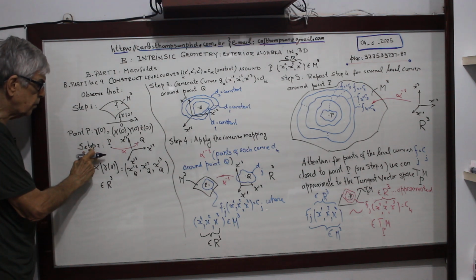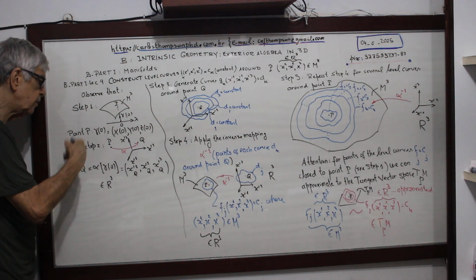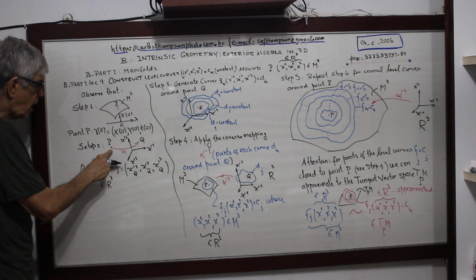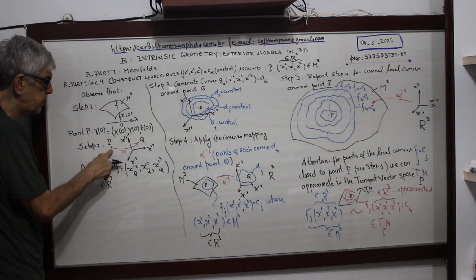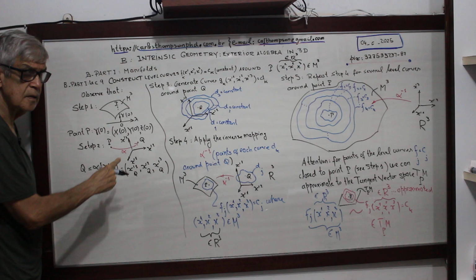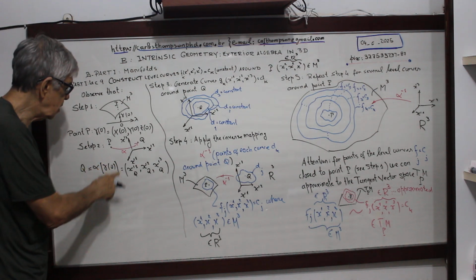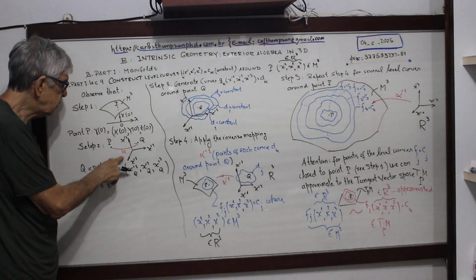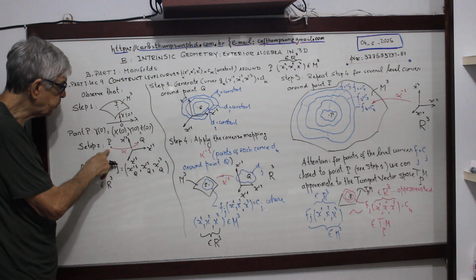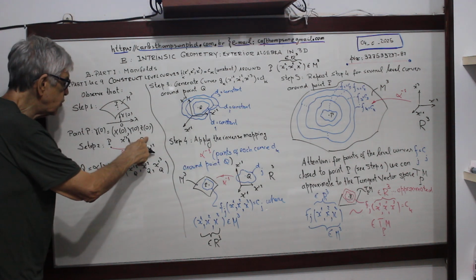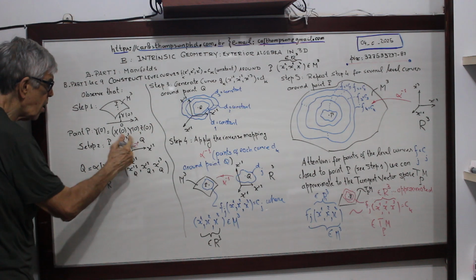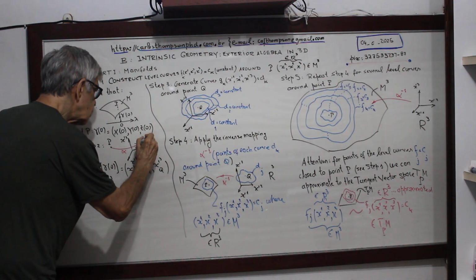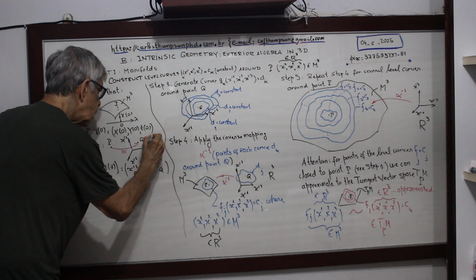Now, step 2. Also, we did this before. I have point P. I use this linear mapping, alpha, on P, and it leads to point Q, which also belongs to R3.